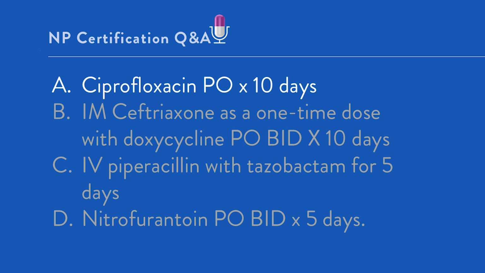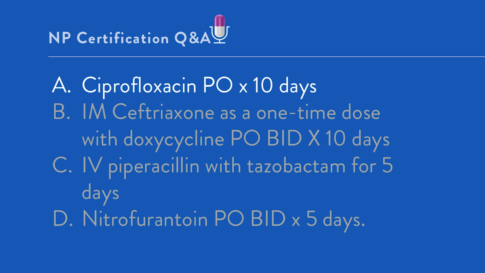An alternative to the ciprofloxacin would be levofloxacin, and the dose would be 750 milligrams daily for 10 or as much as 14 days. This is one of those scenarios where you're going to read one source that will say Cipro or Levo for 10 days, and then you read another source that says Cipro or Levo for 10 to 14 days, and you go, great, which one's going to be on boards?